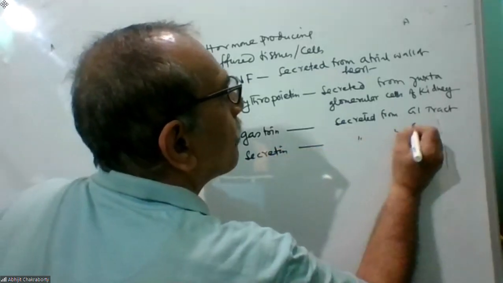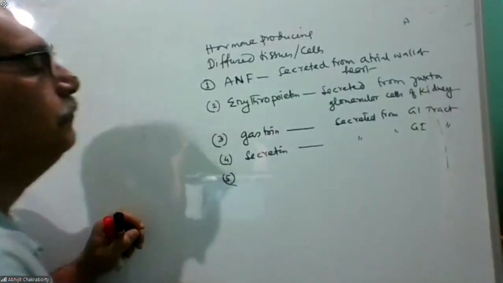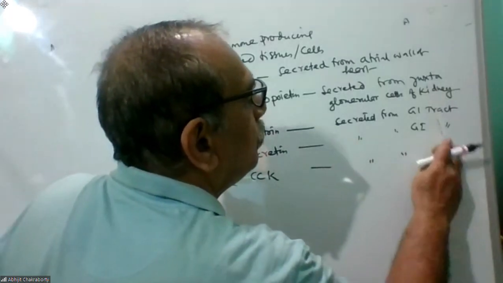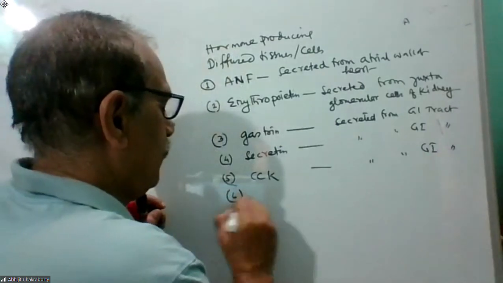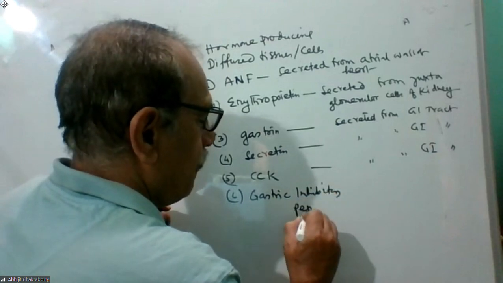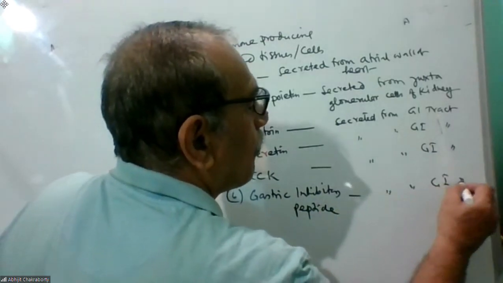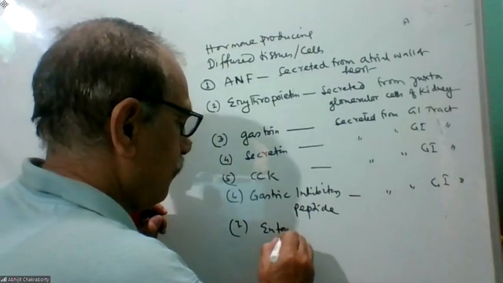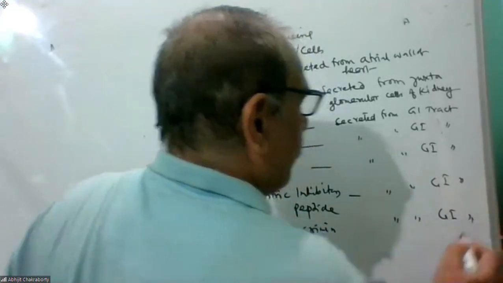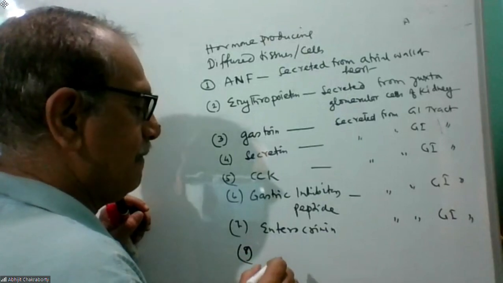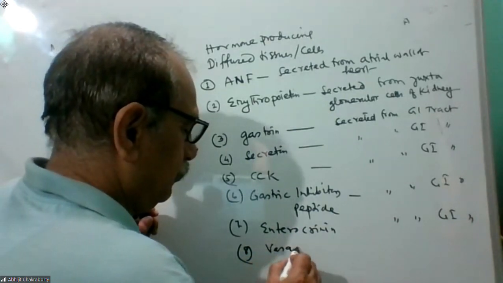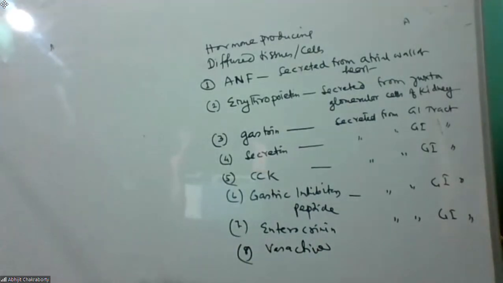Secretin, then gastrin, secretin, CCK, enterocrinin secreted from the intestine, then vasoactive intestinal peptide.